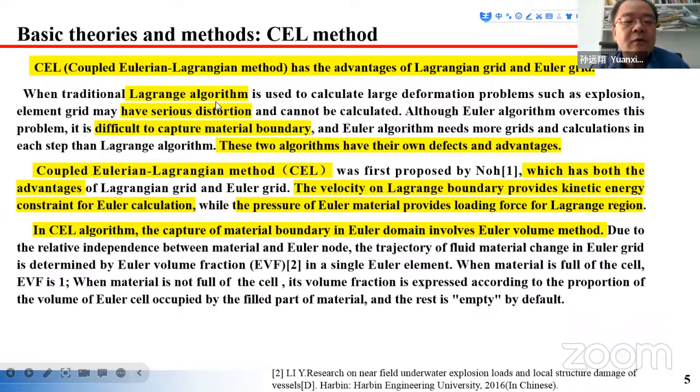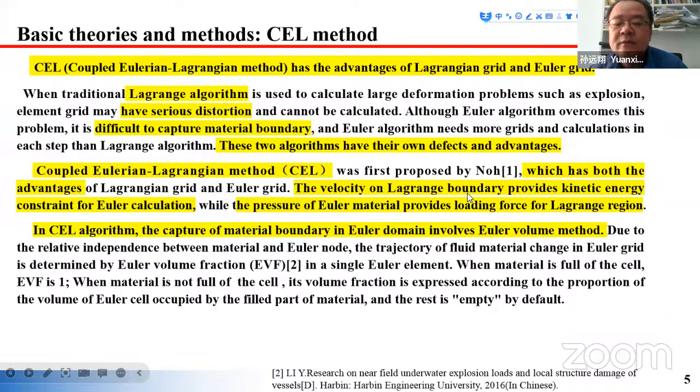For the Lagrange algorithm, the grid suffers serious distortion, and for the Euler algorithm, it is difficult to capture the material boundary. These two methods have their own defects and advantages, and the CEL has the advantages of both the Lagrange and the Euler.